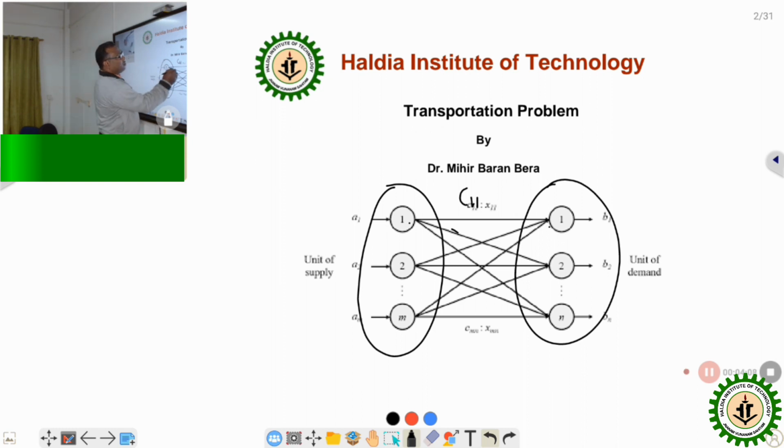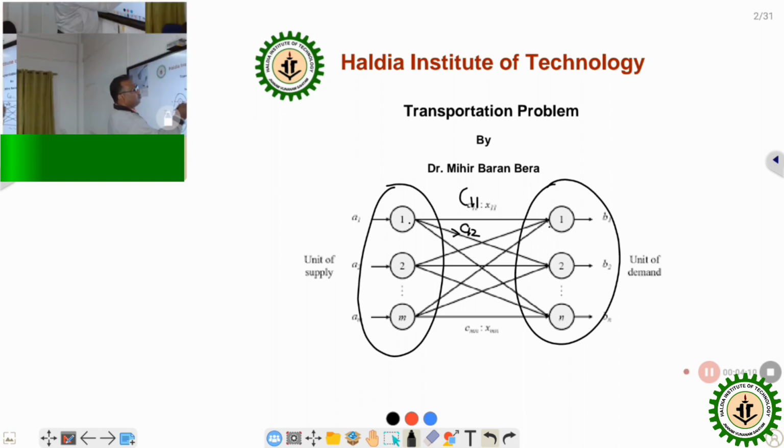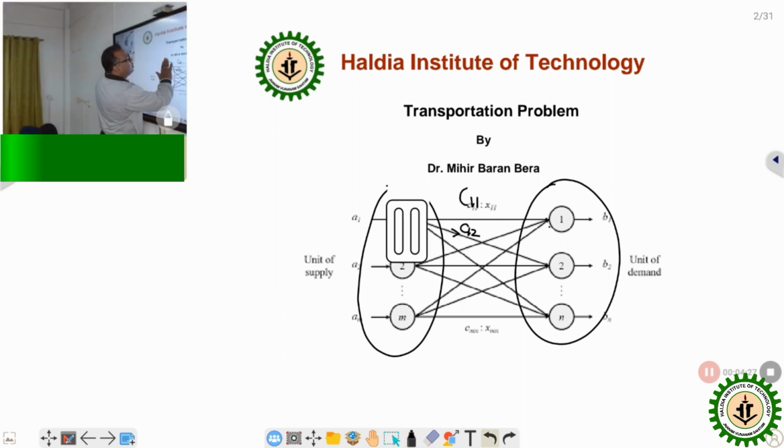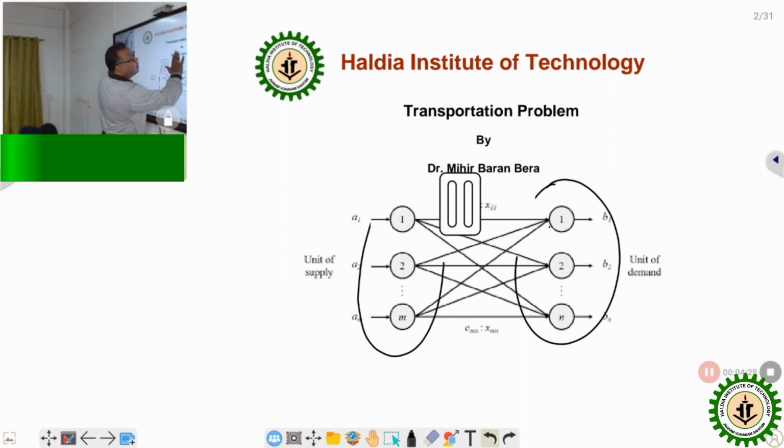This cost is C12 and so on. Depending on these, we can transform this into the form of a matrix representation, which we will do later on.